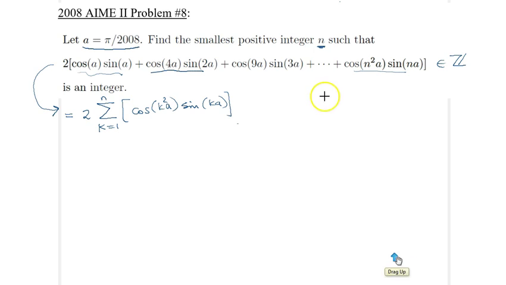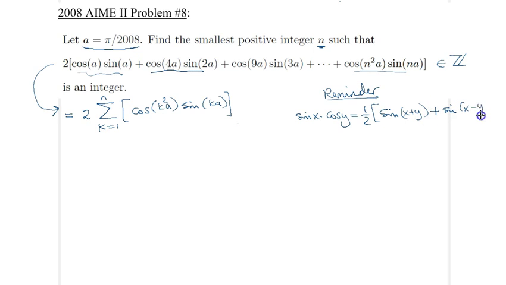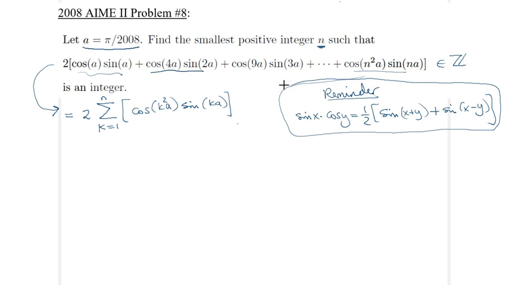And let me remind you that sine x times cosine y is simply equal to 1/2 of sine of the sum x plus y plus sine of x minus y. So that should be the formula that will become very handy in our particular case.